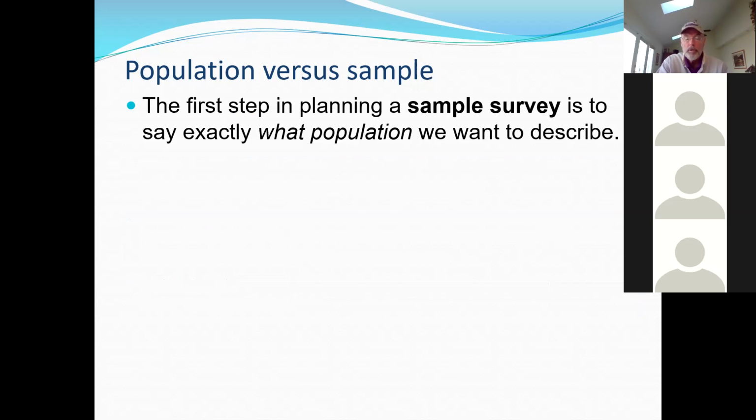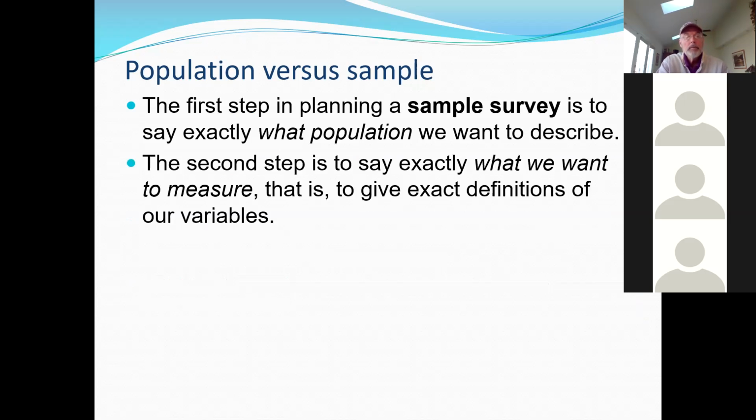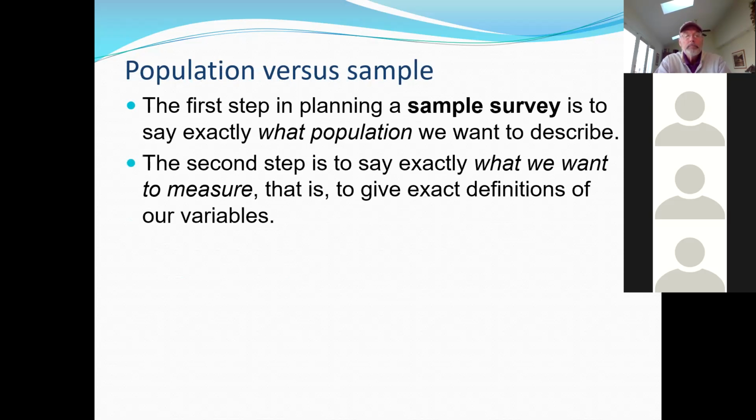It's very, very important. Then we want to know how to measure what we feel the issues are, so we have to have measuring tools to do that. All right. Okay, a sample survey.